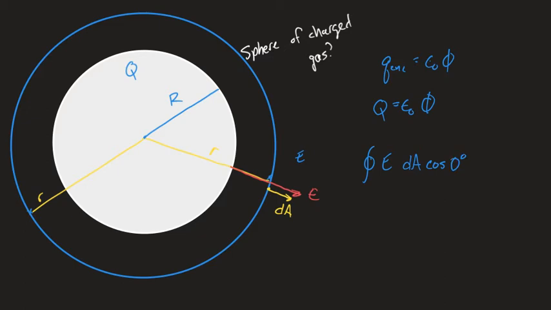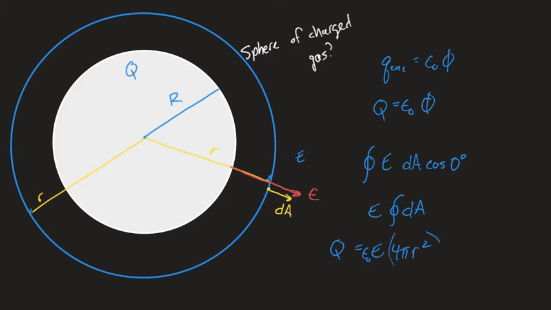Can we agree the electric field is the same everywhere on my sphere, as long as we are the same distance away from the cloud? Can we add up the area of the sphere? Put it all together?